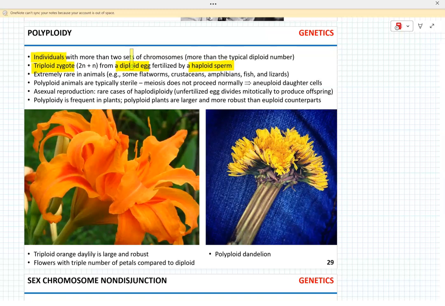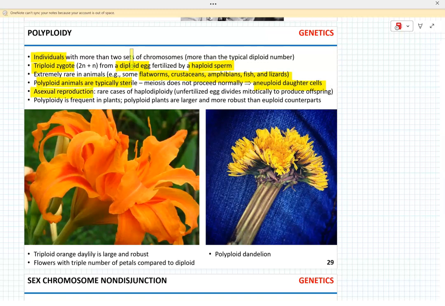There are some examples all the way up to some reptiles, but not birds or mammals, so what we consider to be higher animals. However, polyploid animals are often sterile because meiosis does not proceed normally. So the daughter cells that are produced during meiosis are aneuploid.